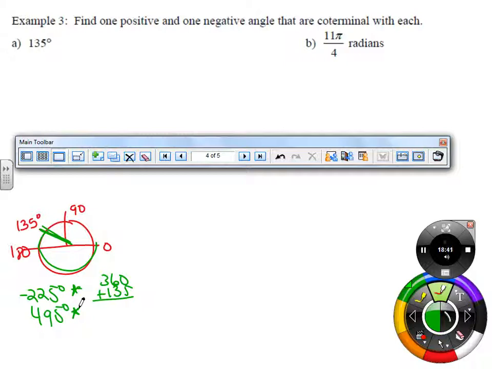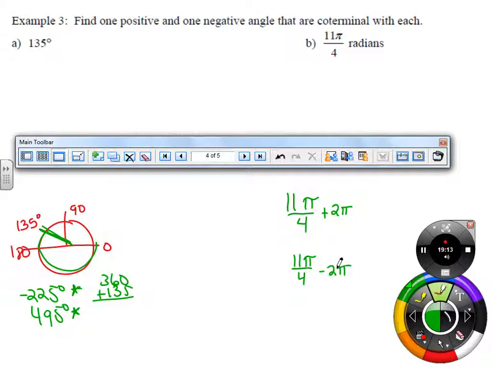So if you want to make it a little easier on yourself, you can always add 360s or subtract 360s from your number. But that means when you get into radian world, are you going to add 360 to that? Those are like two different units, radians and degrees. But what is the same amount as 360 in the radian world? 2 pi. So what I could do is I could add 2 pi, and I could subtract 2 pi.